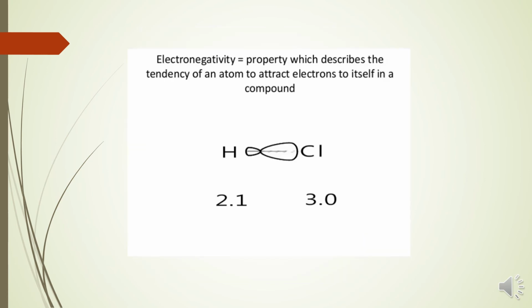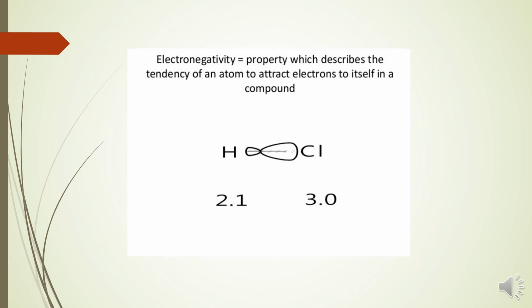Now, how does electronegativity play its role? Electronegativity plays a vital role in deciding polar and non-polar nature of covalent bond, and also the type of bonding, ionic or covalent one. It is the property which describes the tendency of an atom to attract electrons to itself in a compound.